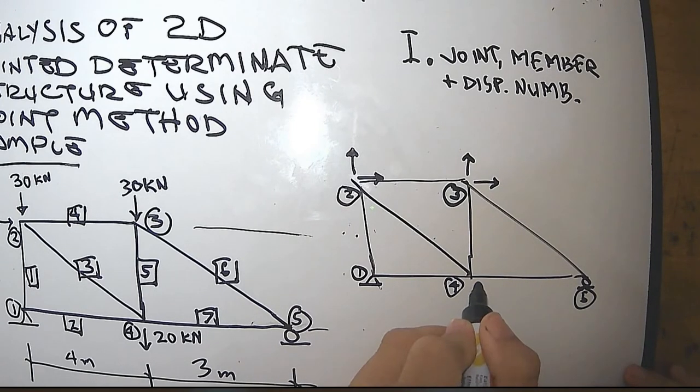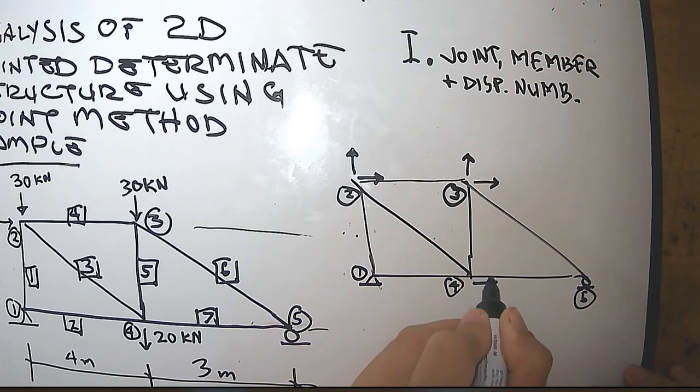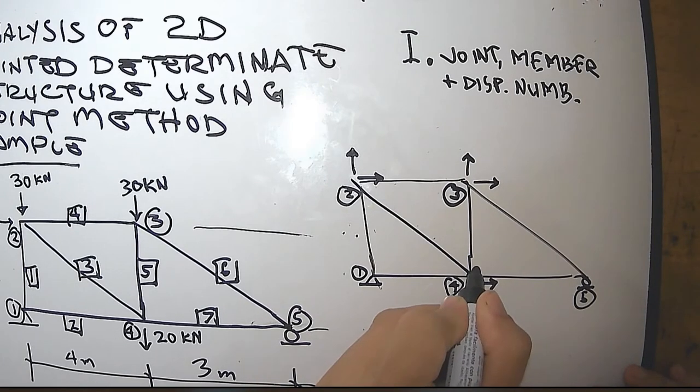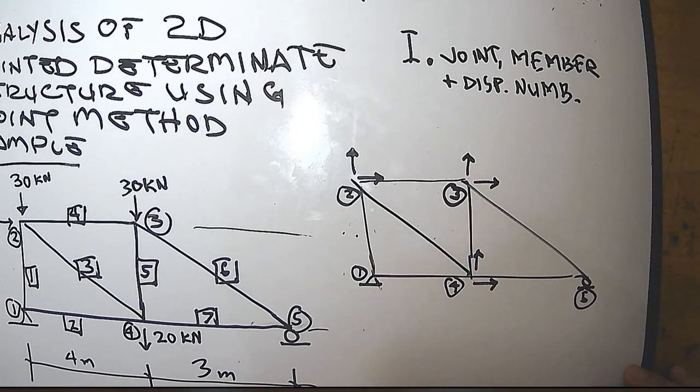Node 4, free to move along X and Y again. Next is node 5. Dito naman, free to move along X lang. Okay? So, hindi siya pwedeng mag-move vertical kasi may vertical reaction tayo.